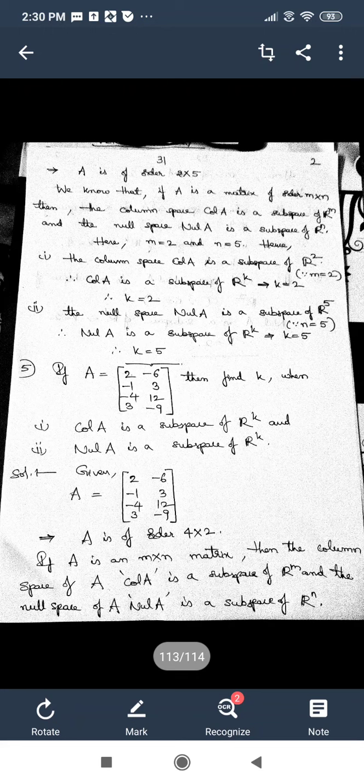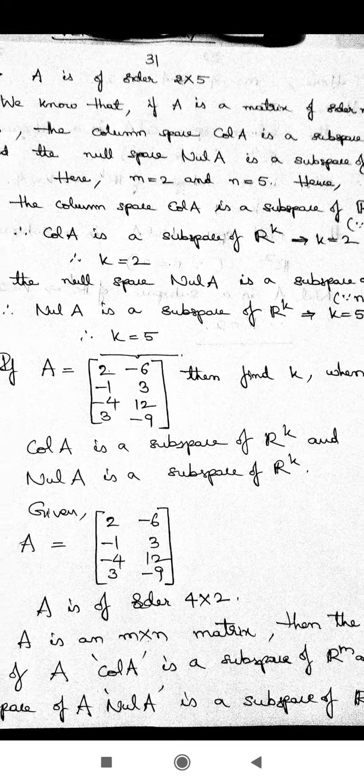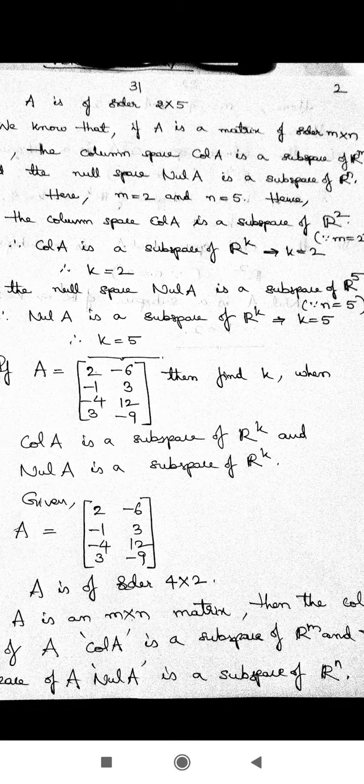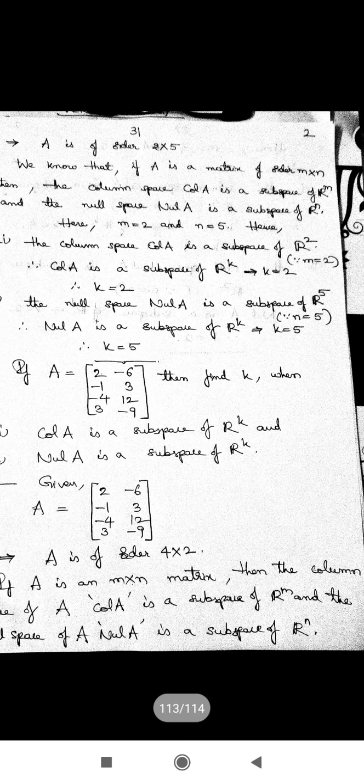We know that if A is a matrix of order m by n, then the column space column A is a subspace of Rm, and the null space null A is a subspace of Rn. Therefore, when we compare the order of the matrix 2 by 5 to m by n, we can say that m has the value 2 and n has the value 5.